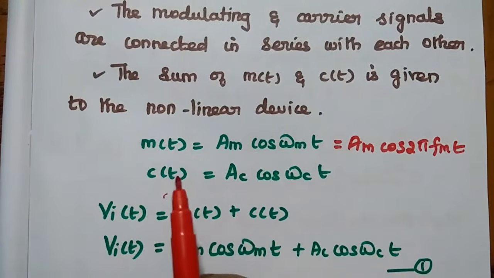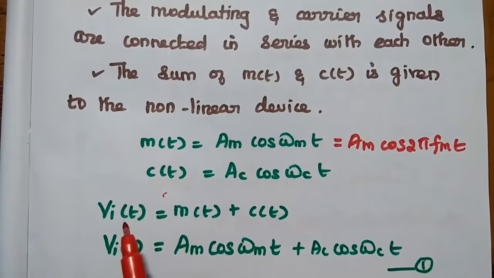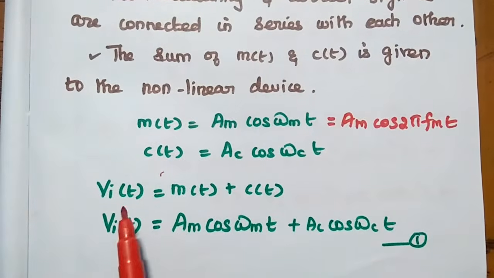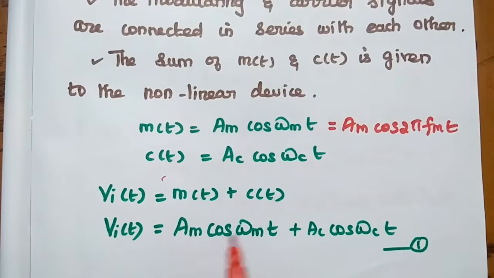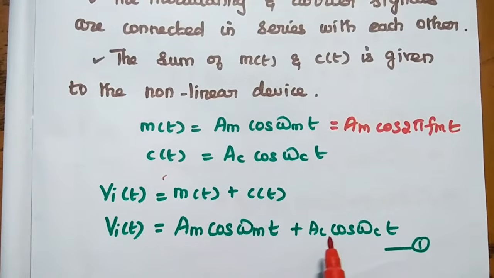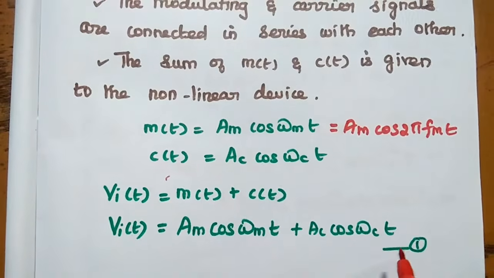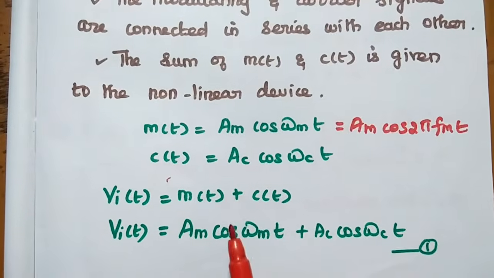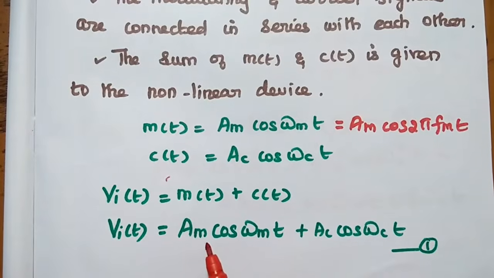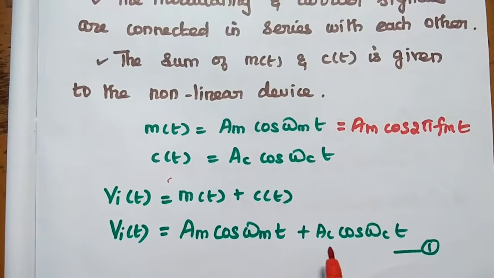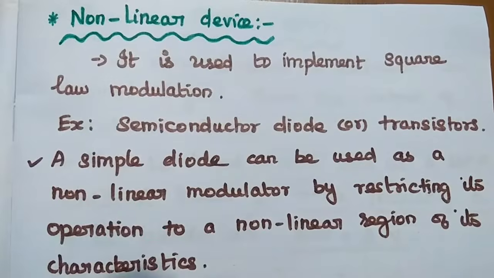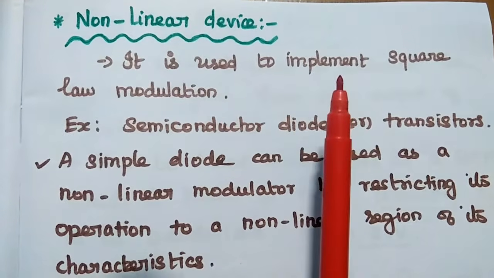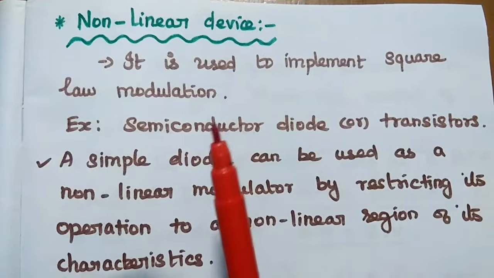In the summer part, we add the modulating signal and carrier signal together. So Vi of t is equal to Am cos omega m t plus Ac cos omega c t. Consider this as the first equation. We give this input signal to the nonlinear device. Nonlinear device is mainly used to implement the square law modulation method.